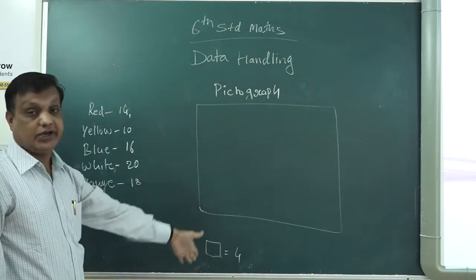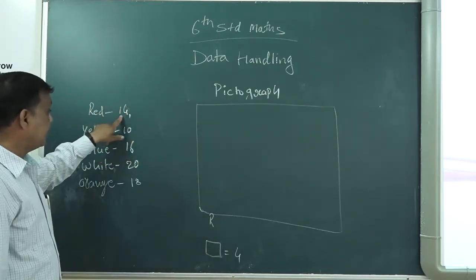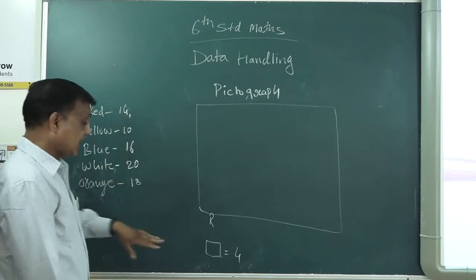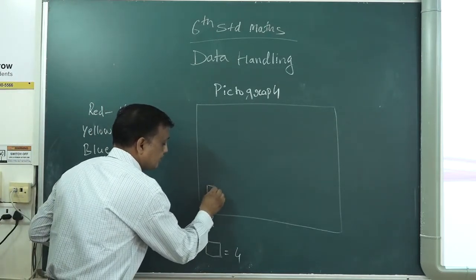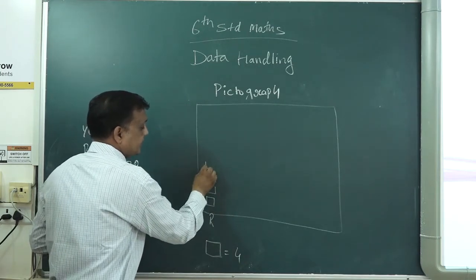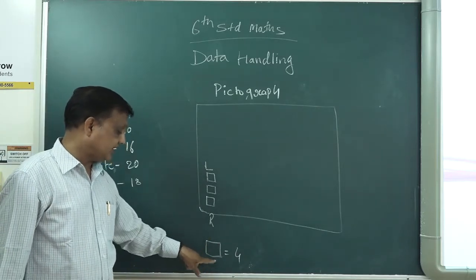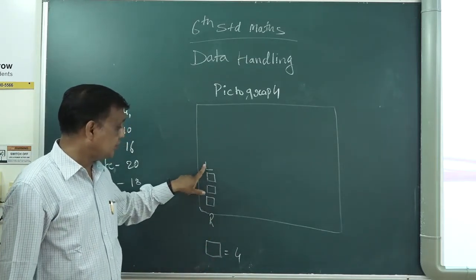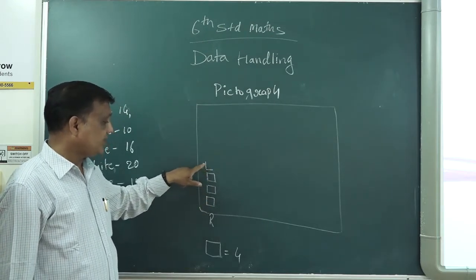You can draw vertically also. Now here I am writing red. How many are there? 40. So how many will I draw here? I will draw 1, it means 4, 8, 12, 16, 20. Because 4 lines are there in a square. So if I show 2 lines, it means 2.